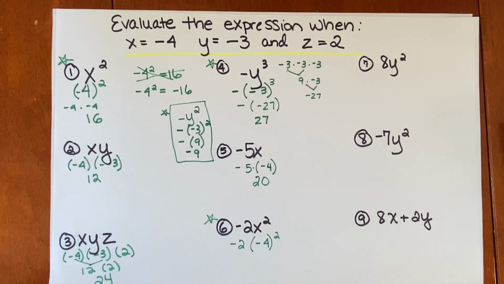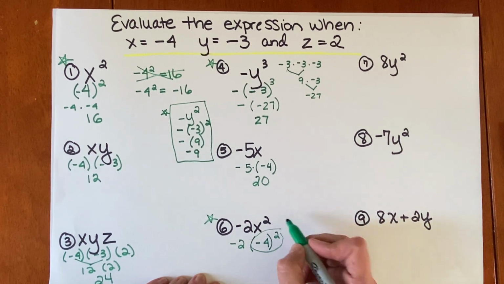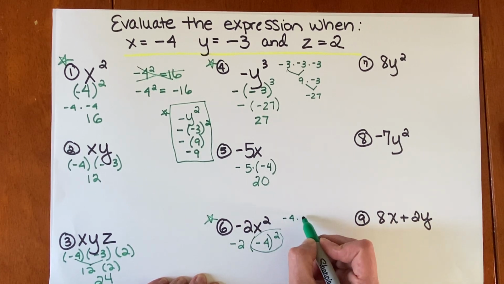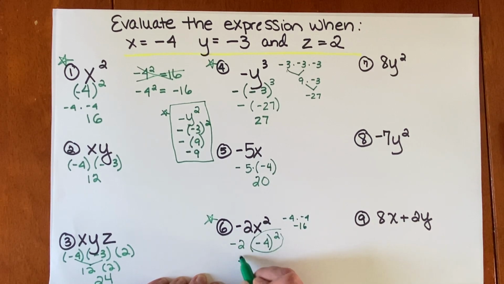Kids will say to me, when do we follow order of operations? You always follow the order of operations. Don't do 2 times 4 is 8. We're going to square -4 first. So -4 times -4 is a +16. So it's this -2 times this -16 is a +32.